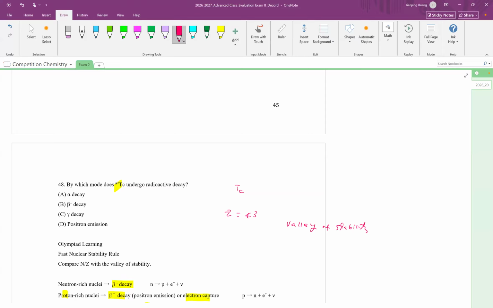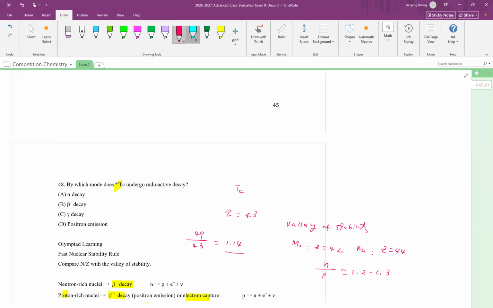So in that one, Mo has Z 42 and Ru has Z 44. You look at the neutron to proton ratio, which should be 1.2 to 1.3 for stability. Now look at this one, 49 over 43 equals 1.14, which is relatively low.